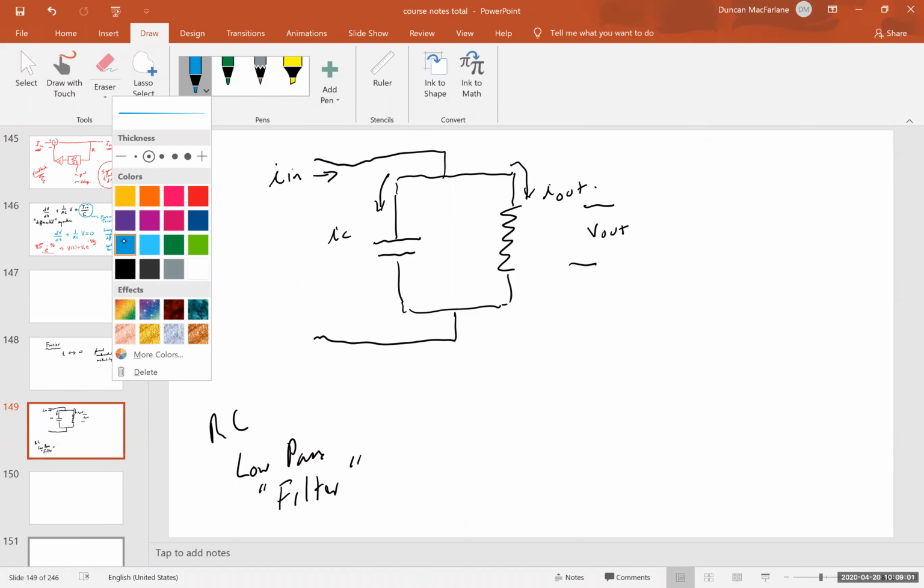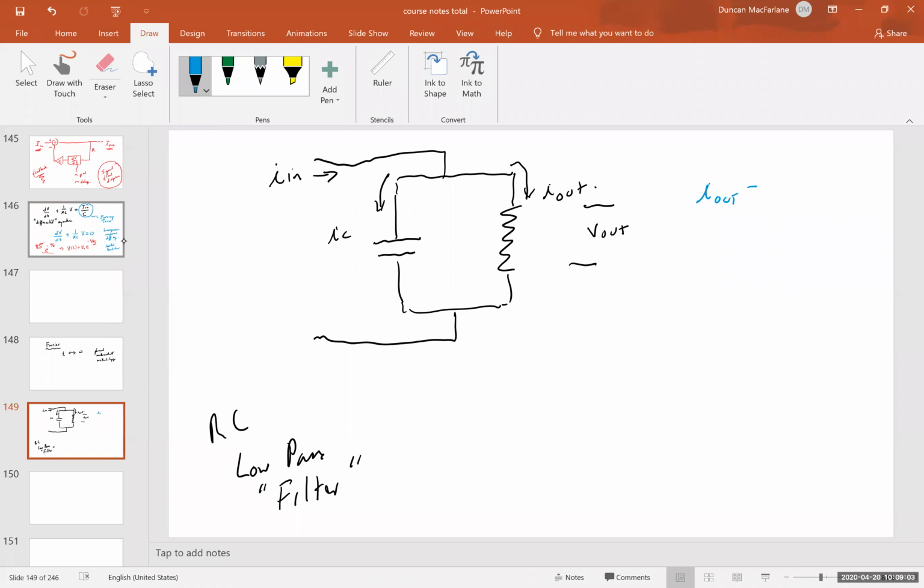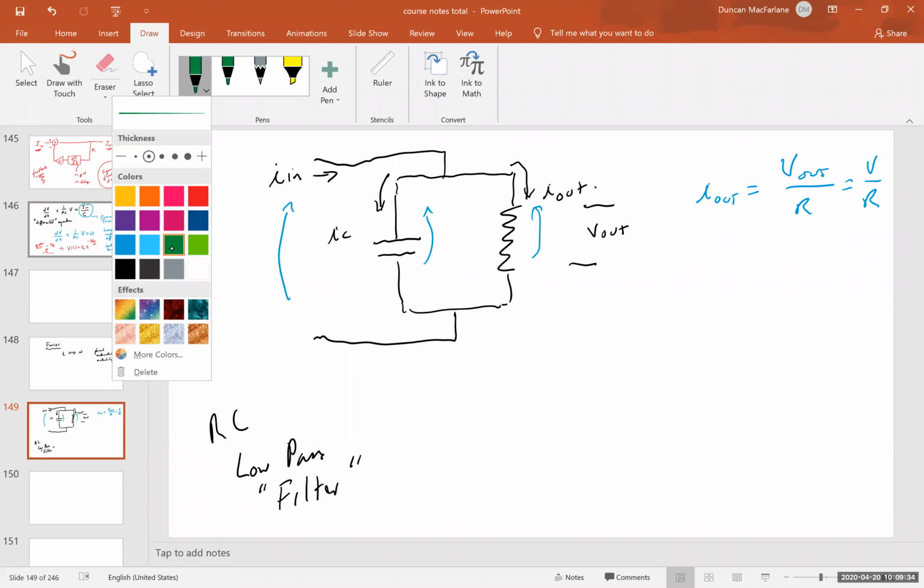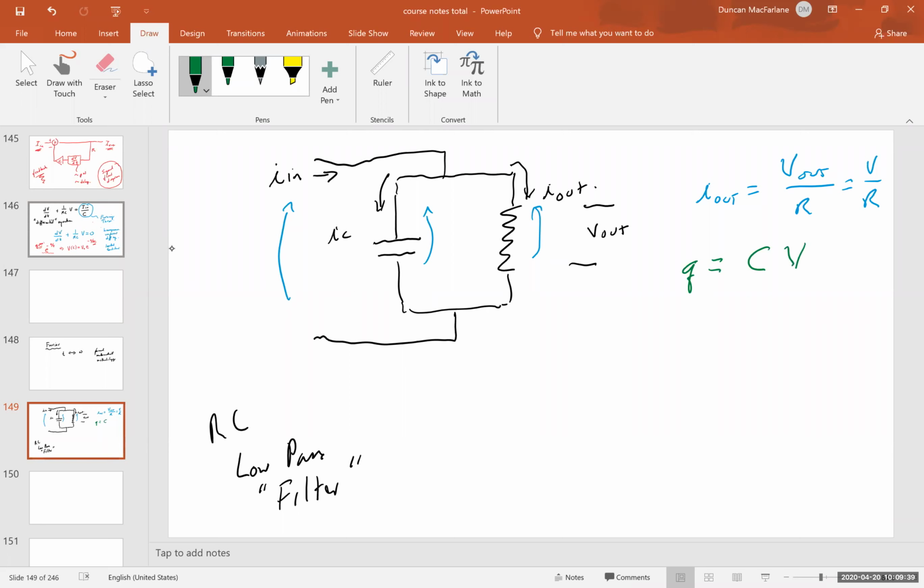For example, I know that I out is equal to the current that flows in the resistor, which is V out over R, which is really just V over R. That simplifies one of our variables: the voltage across here is the same as the voltage across here, and the same as the voltage across here. And for the capacitor, Q is equal to C times V.